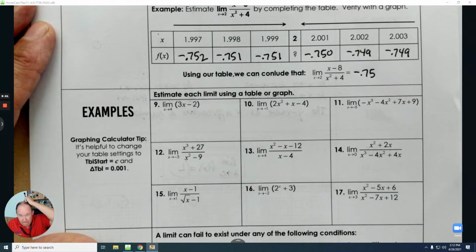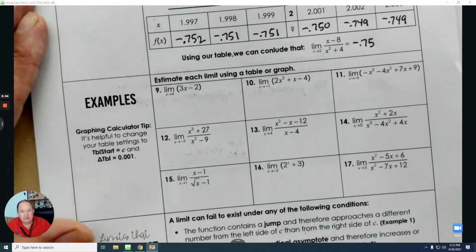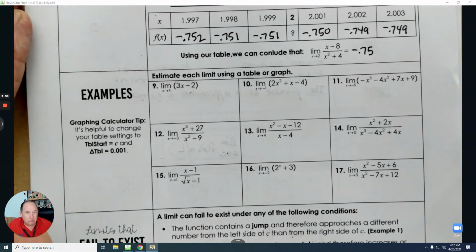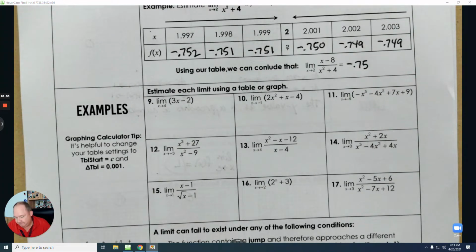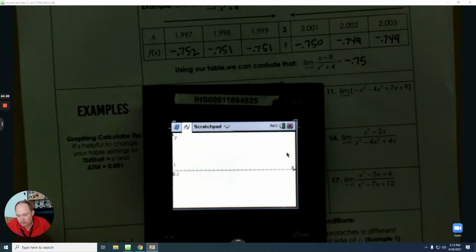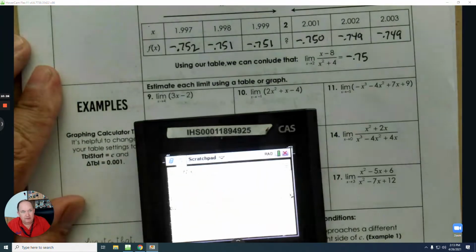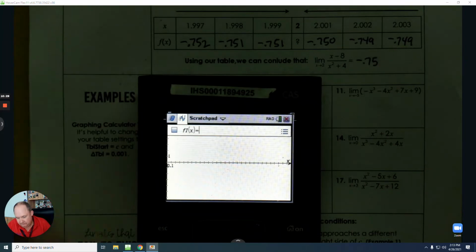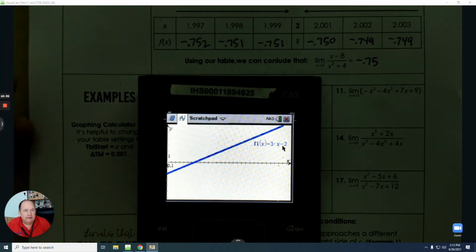Now, it says it's helpful to change your table settings to 0.001. Let's look at that. Let's say I put in the function it's asking for, which is 3x - 2.